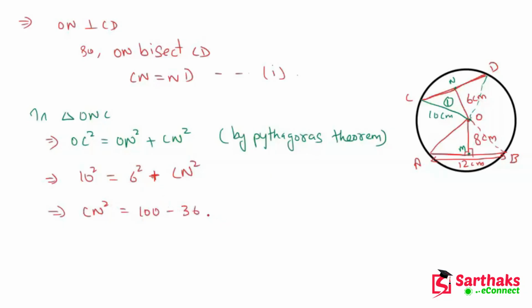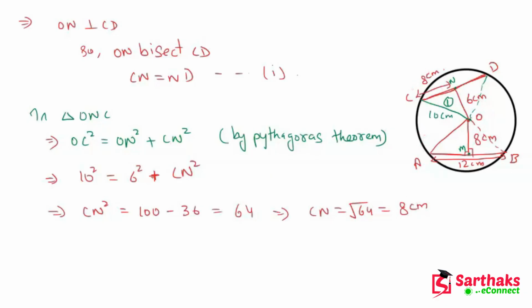Now if you solve this, it will become 64. Now CN is half of 64, so we get 8 centimeter. So CN is 8 centimeter.